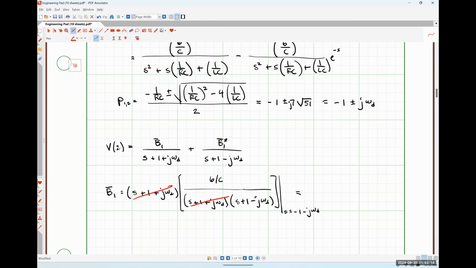That's my 6 over C. And then I'm going to have -1 minus alpha A times I, plus 1 minus alpha A times I. Sorry, I'm not super used to this calculator.